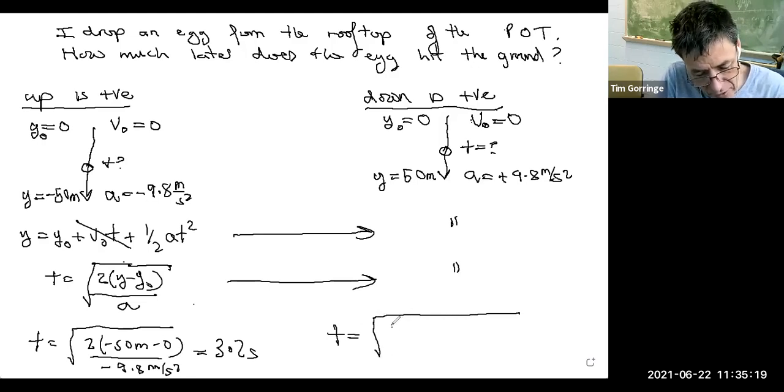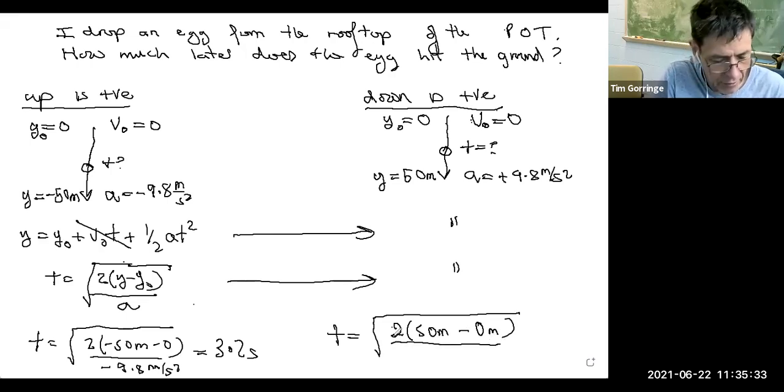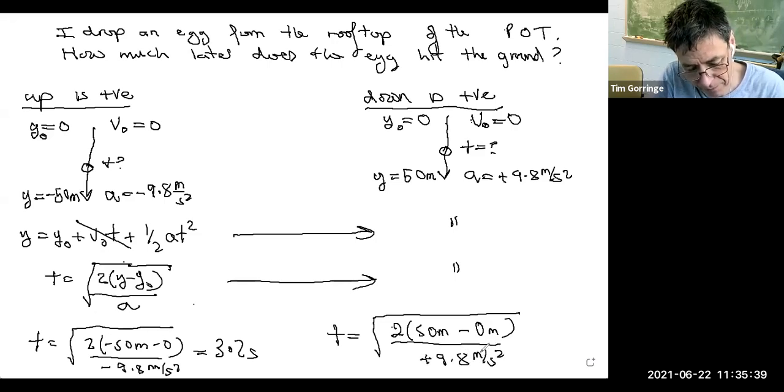So in the numerator, we'd have 2 times the final position, that's now 50 meters, minus the initial position of 0 meters, divided by the acceleration, that's positive 9.8 meters per second squared. And so we need to take the square root of that.